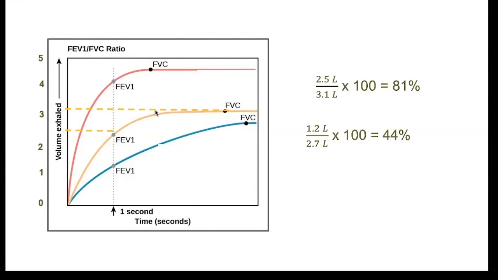The FVC is approximately 3.1 liters. The FEV1 is approximately 2.5 liters. Plugging those measurements into the equation, we come up with 81%. 81% is close to that 80% that is normal.